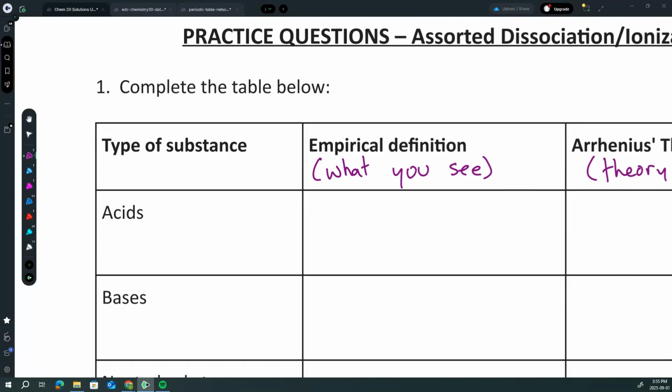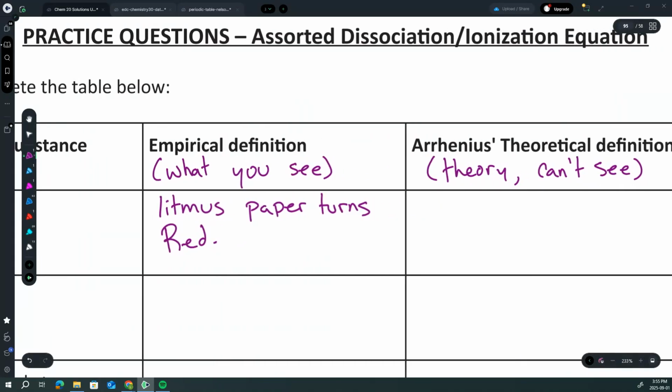Now, litmus paper is essentially a piece of paper that's either going to turn red or blue depending on the type of substance that you put it in. So for acids, the litmus paper turns red. So you can remember it like red acid. If you slightly mispronounce acid, it sort of rhymes. Okay, not perfect, but whatever.